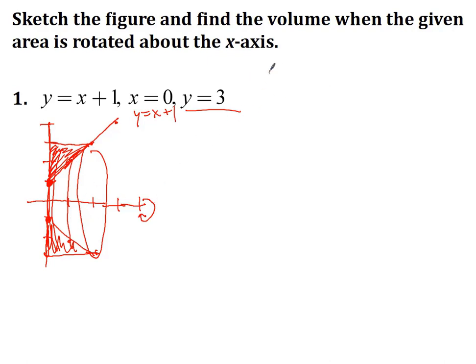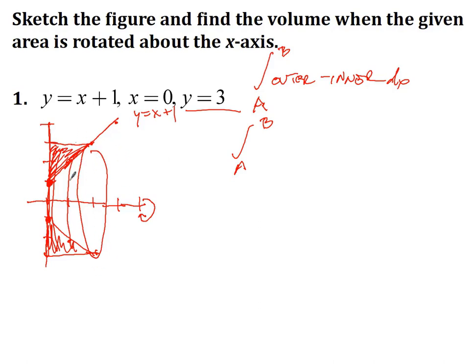So we're going to be using the washer method, which is A to B. Those are our limits of integration, our starting point and our end point on the x-axis. Okay, and it's going to be outer minus inner, dx. So our outer radius, let me back up just a bit, and we know that these cross sections are going to be washers.